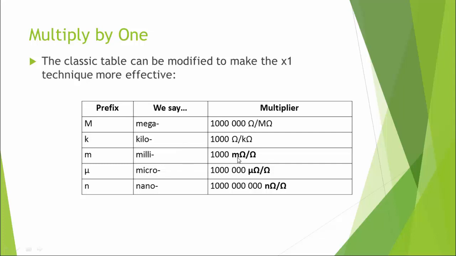We have 1,000 milliohms per ohm, 1 million microohms per ohm, 1 billion nanoohms per ohm. You'll still invert this as you need to, but you should find this useful when you're doing your multiply by 1 technique. So 1,000 milliohms per ohm is still equal to 1.